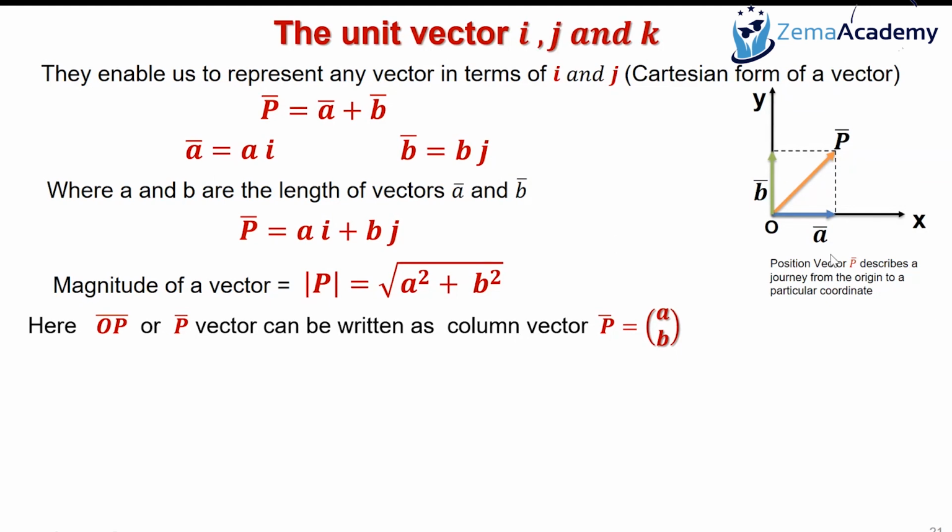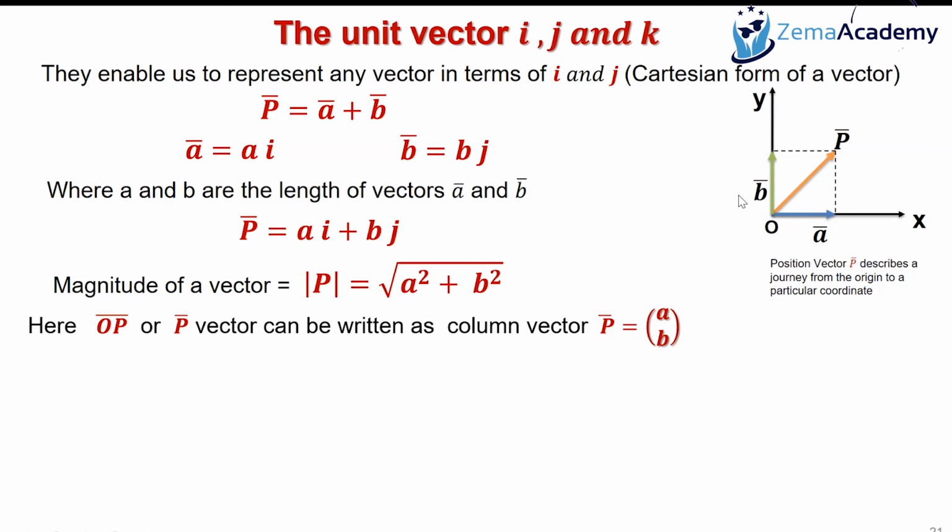We are considering this figure on the right-hand side where you can see you have got a resultant vector P. This resultant vector P could be simply resolved into a component in x direction and a component in y direction. For simplicity, I'm saying that the component in x direction is an a vector and the component in y direction is a b vector.